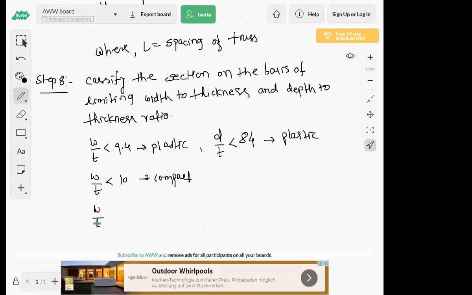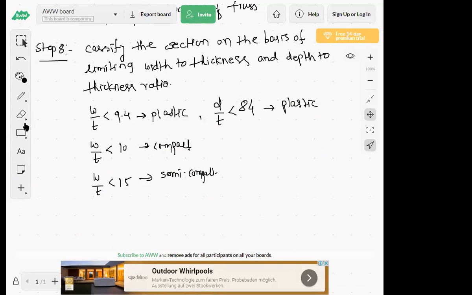Then W by T less than 15, it will be semi-compact. And when the W by T ratio is greater than 15, it will be the slender classification.